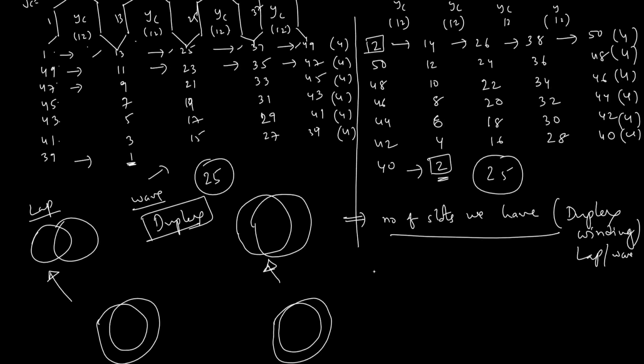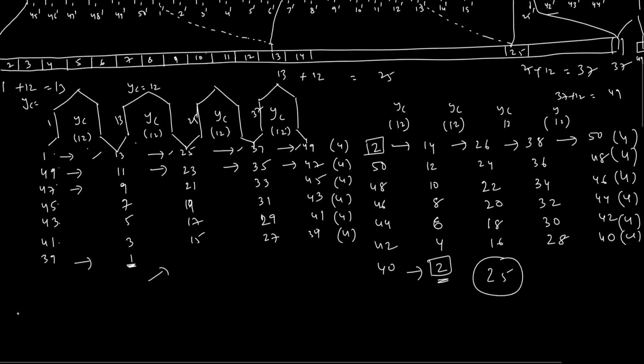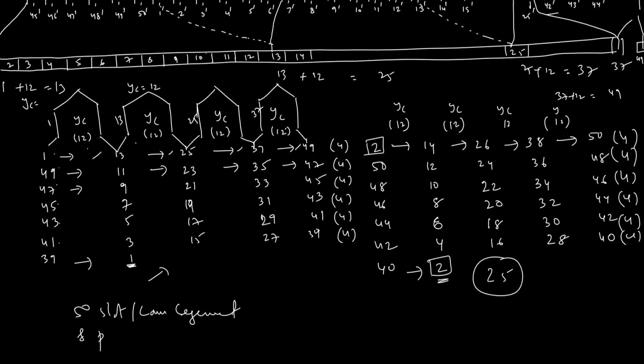Now let us identify the brush positions and coils. We have 50 slots or 50 commutator segments and 8 poles. So pole pitch in terms of commutator segments is 50 by 8, which is 6 1/4.